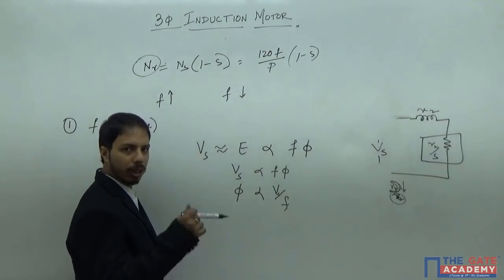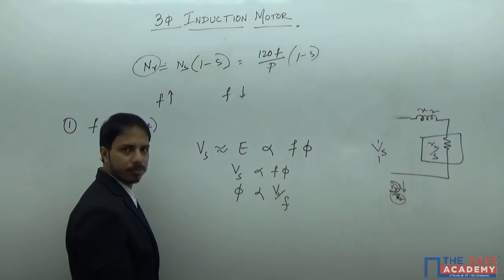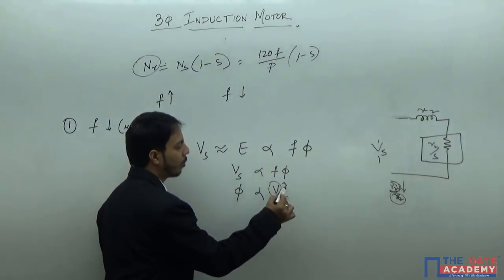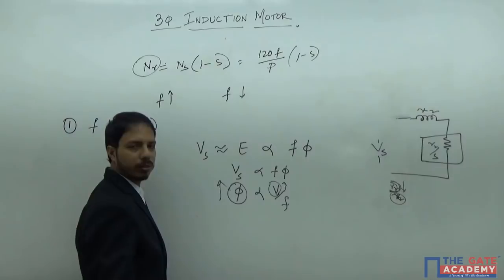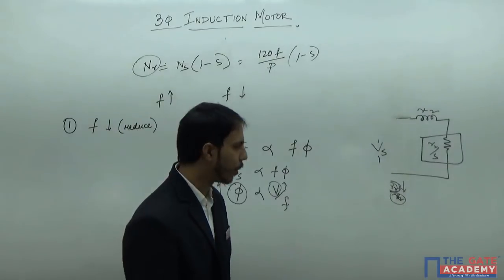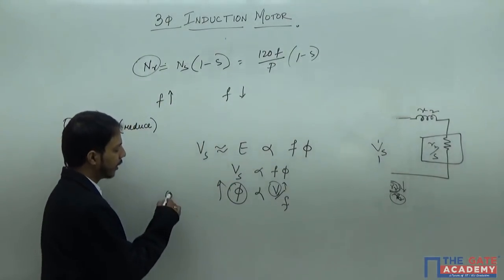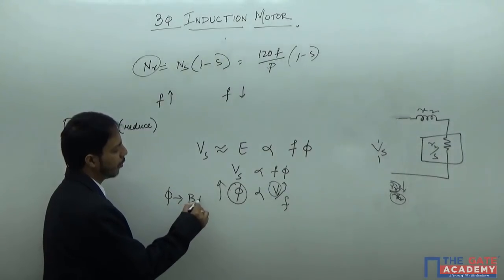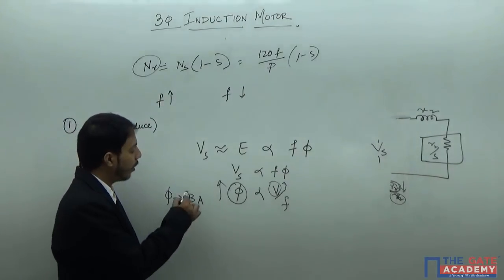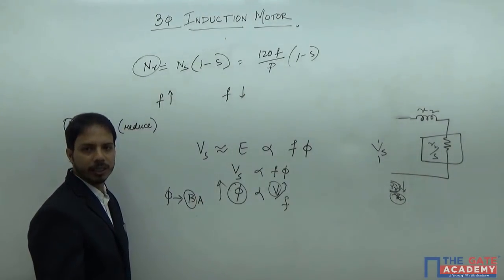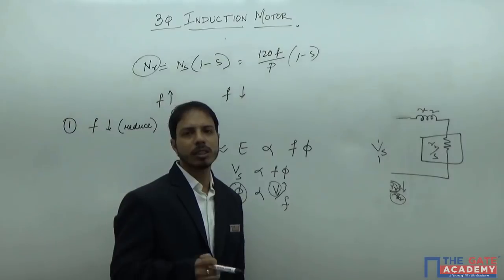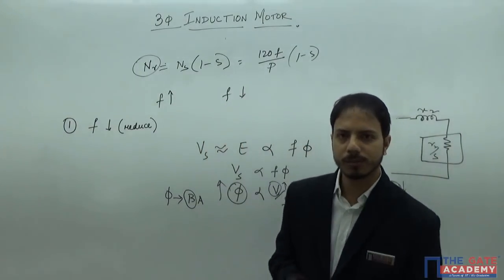I told you earlier that we should not increase the voltage while keeping the frequency constant. If we increase the voltage, the flux will increase, and this is the maximum value of the flux. Flux is nothing but B into A. If the area is constant, the flux density will increase, and there will be high core loss.